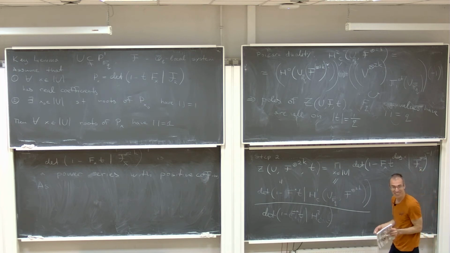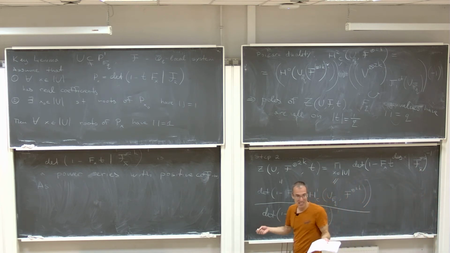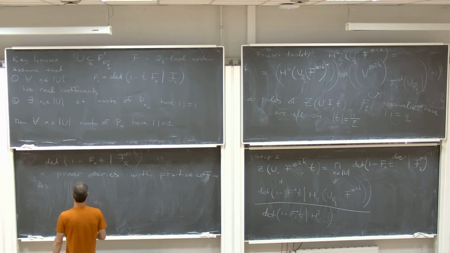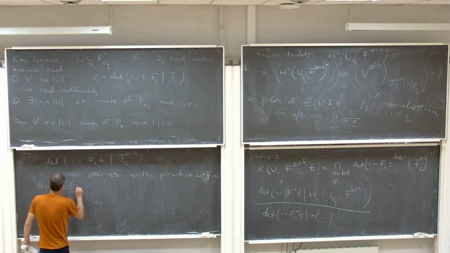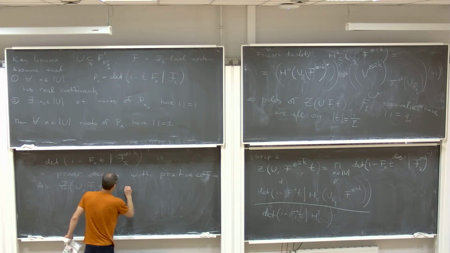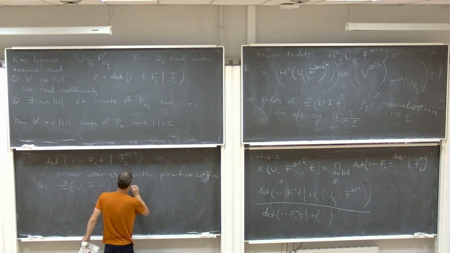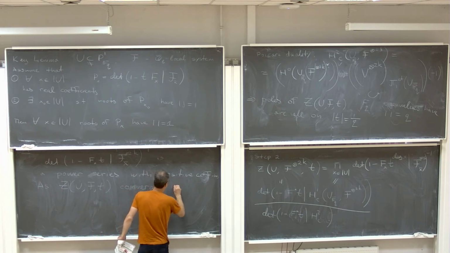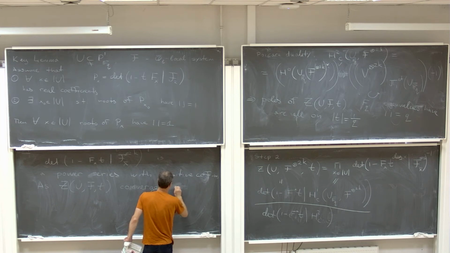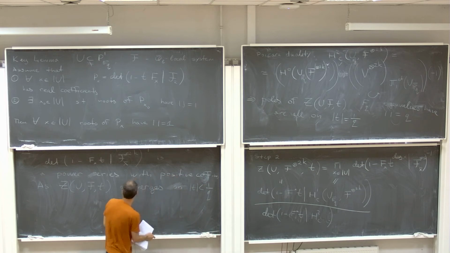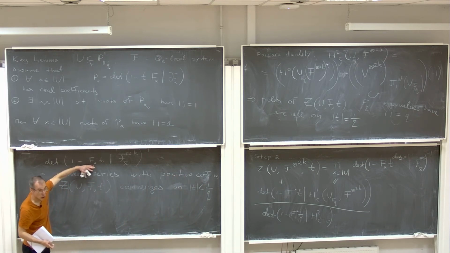So if you have a holomorphic function, its power series converges inside, on absolute value of t less than 1 over q. So every factor also converges on this disk, right?